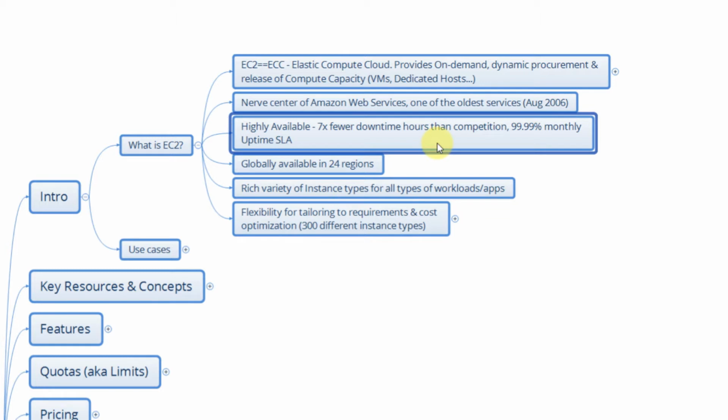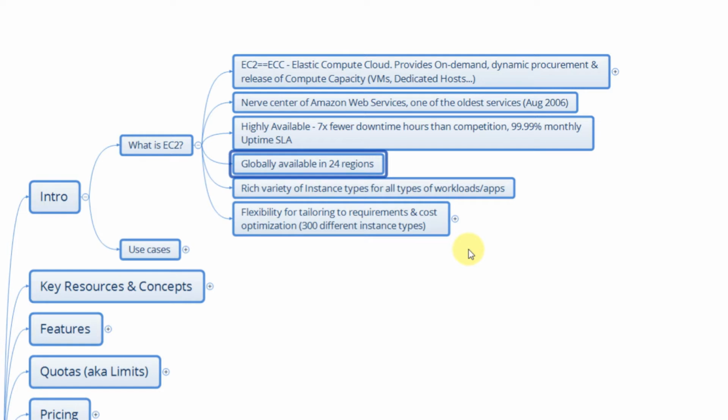So one of the characteristics of EC2 is that it's highly available compute capacity. It has 7 times fewer downtime hours than the competition, and it provides a 4 nines monthly uptime SLA. The service is available globally in 24 regions. It provides a huge variety of instance types for all different kinds of your workloads and applications.